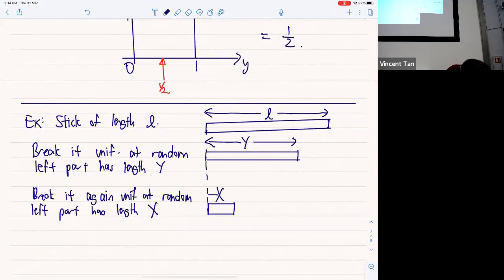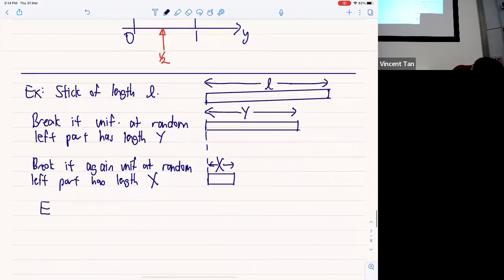Okay, so we are going to break this at some point. Oh, we broke it here. Now, in the remaining piece, we break it uniformly at random. We break here. That's just the outcome of my experiment. So what is the expectation value of the last piece?